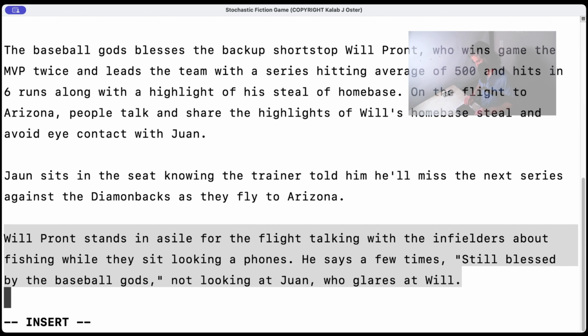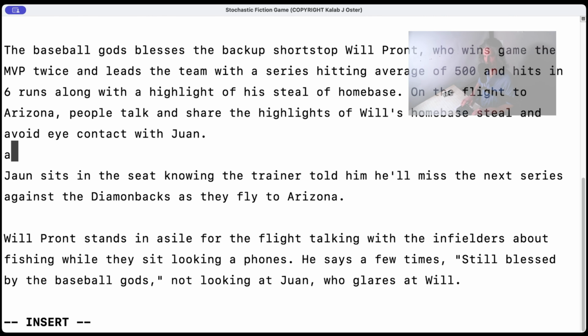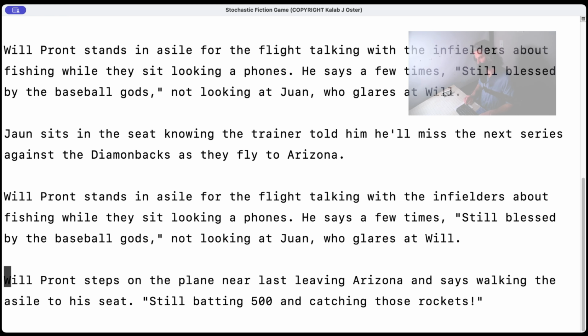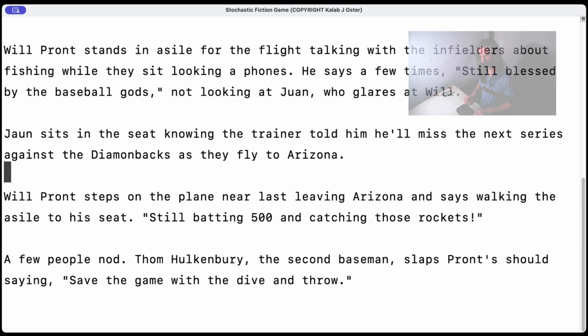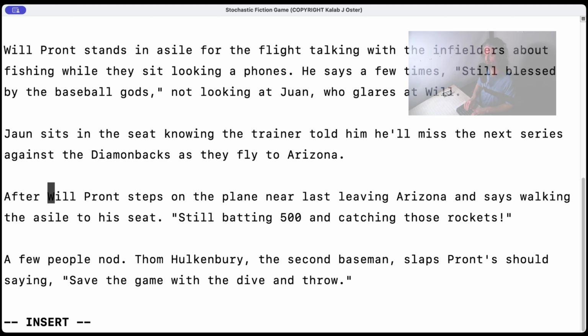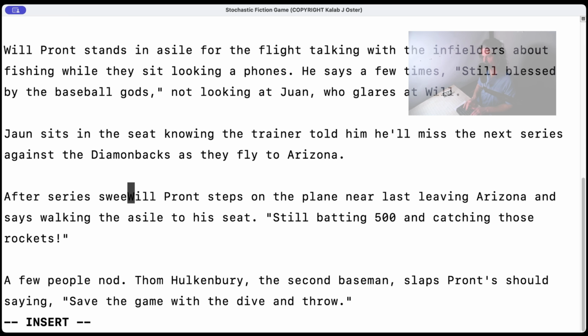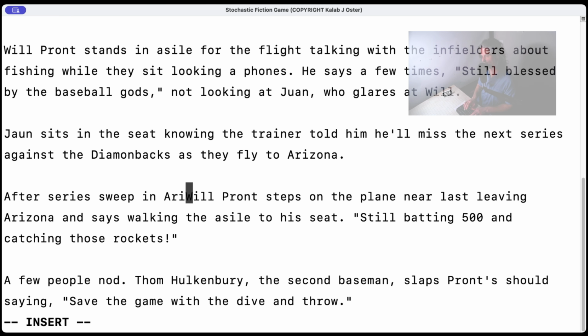Let's move this sentence here. And let's get rid of this sentence here. Will Prompt steps on the plane after a series sweep in Arizona.